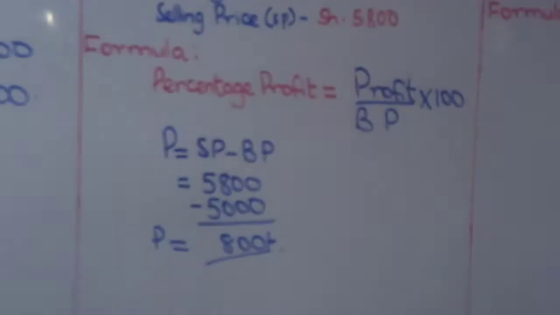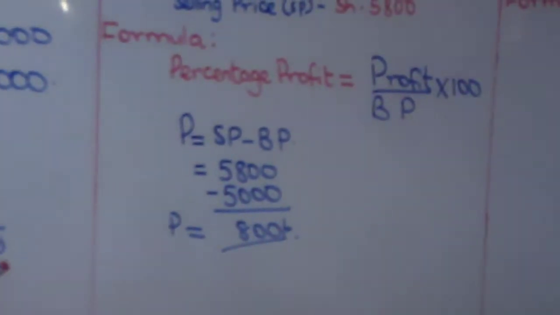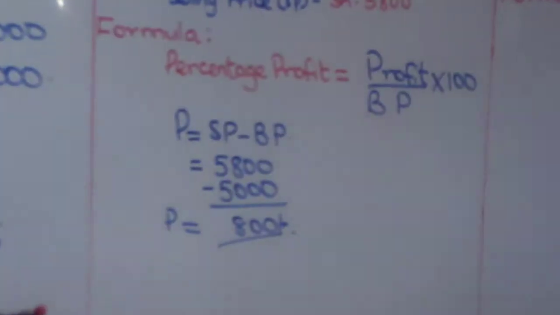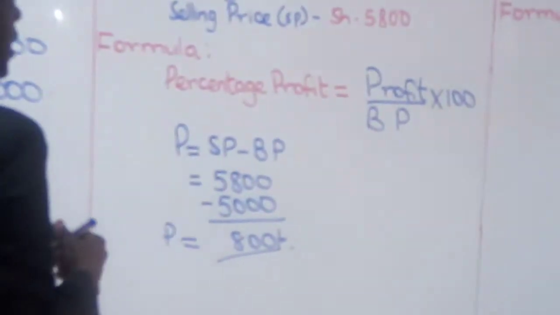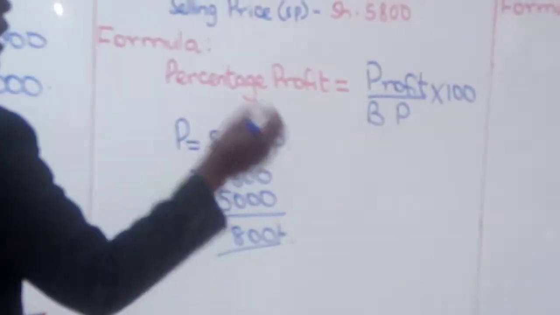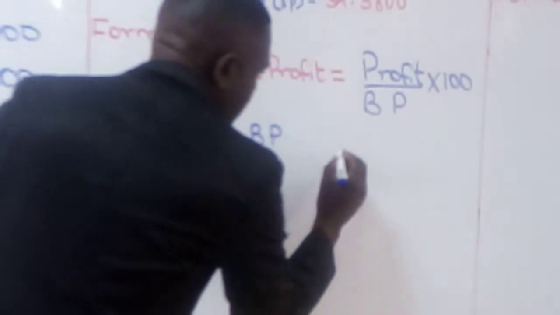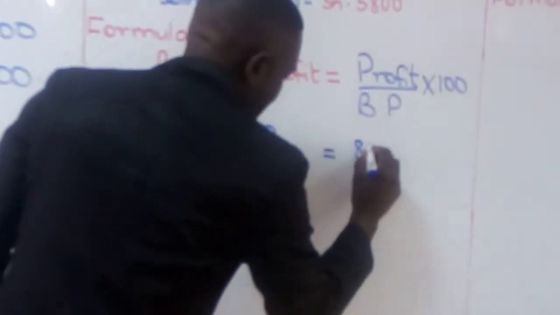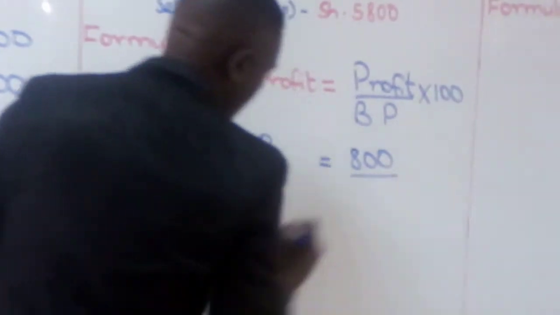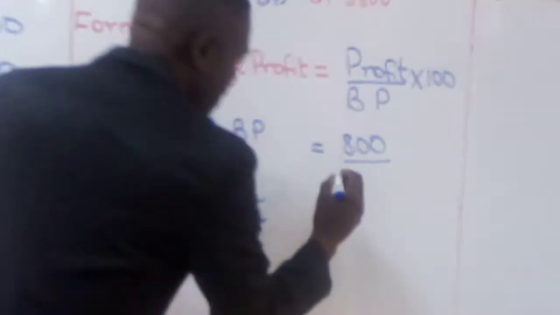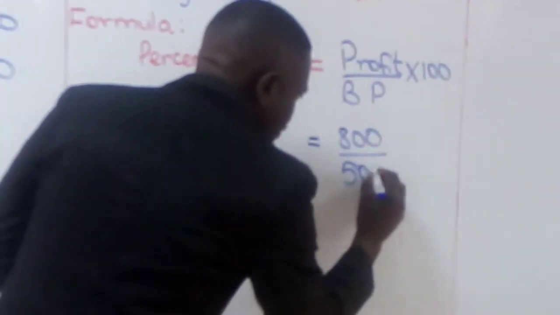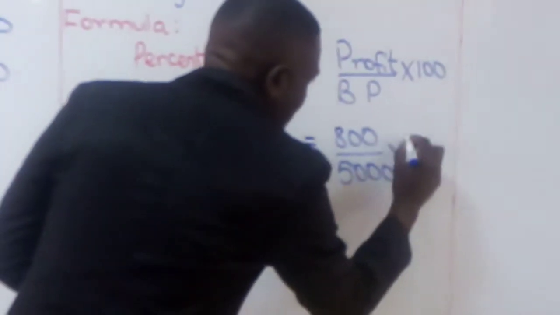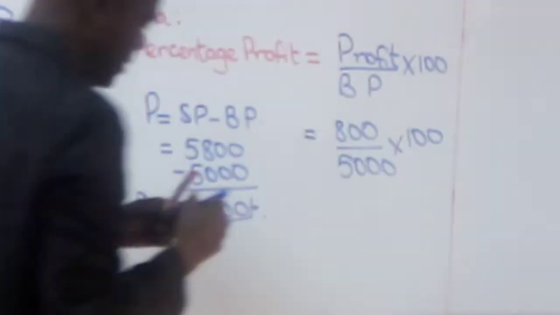That is our profit, boys and girls. And so we want to use that profit in this formula to find percentage profit. Now, that would be 800 shillings all over buying price 5,000 shillings multiplied by 100.